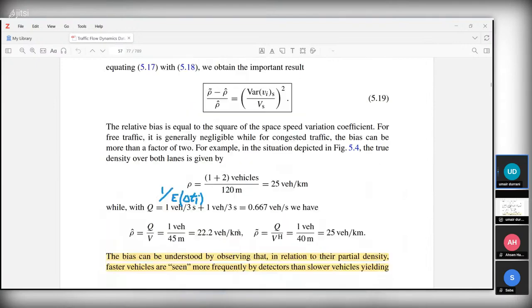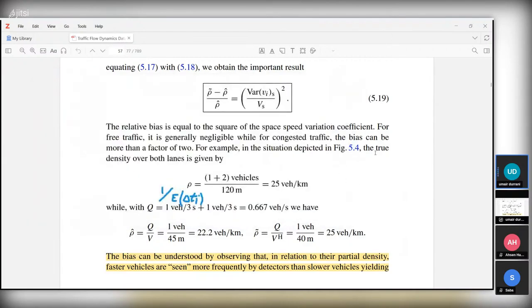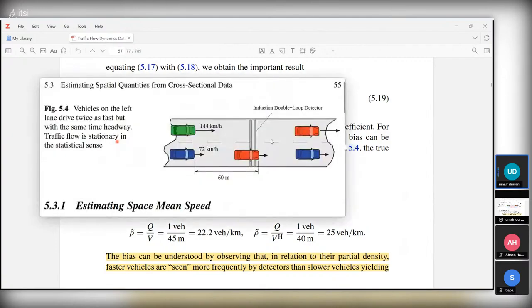So here's an example from figure 5.4, this figure again. Here they say the true density over both lanes is given by this, which is that we have three vehicles divided by 120 meters. Three vehicles because between the front of this vehicle and the front of this vehicle, the space headway is 120 meters.